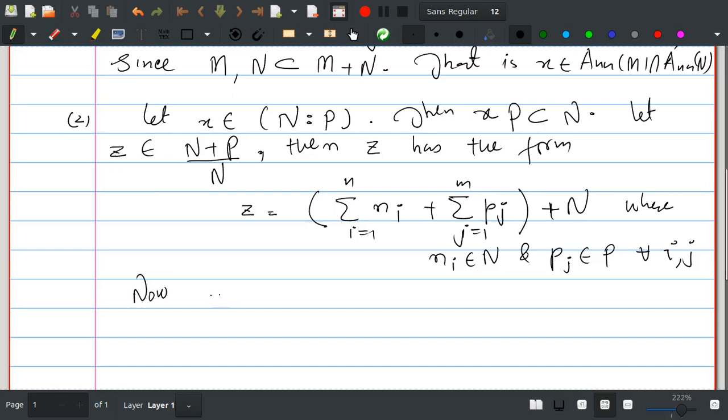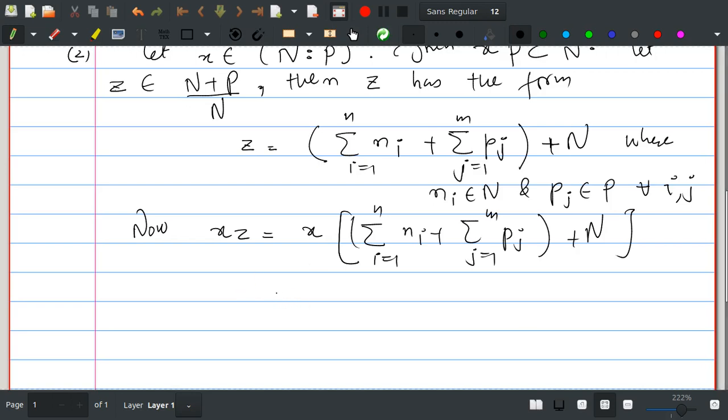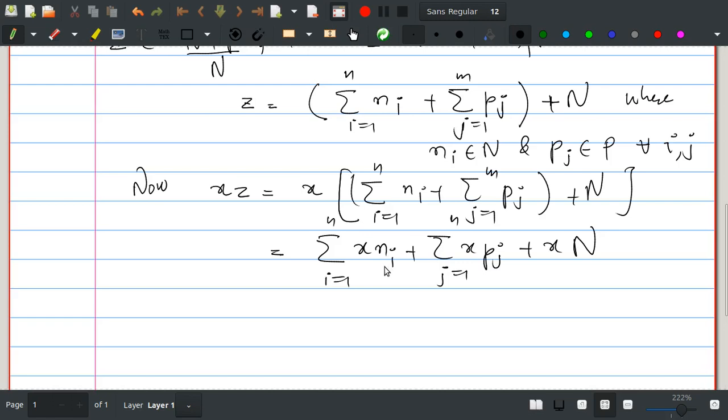So xz is x times the sum of n_i plus the sum of p_j plus N. That is equal to the sum over i of x n_i plus the sum over j of x p_j plus xN.